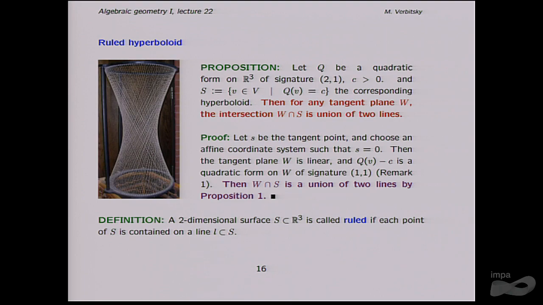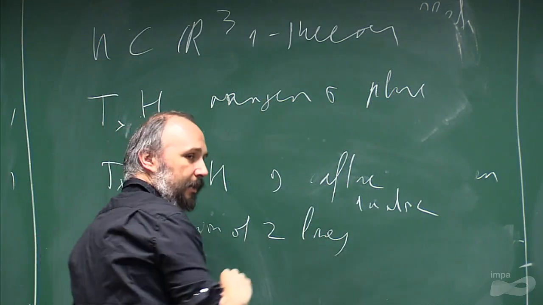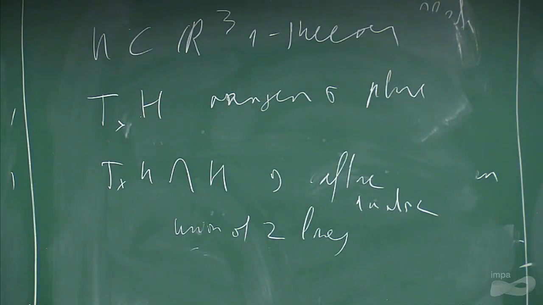Then it is a union of two lines. This is what I explained on the previous slide. There is no time, but it's true that a quadric without constant term is just a union of two lines, or one line. Anyway, this is the ruled hyperboloid.